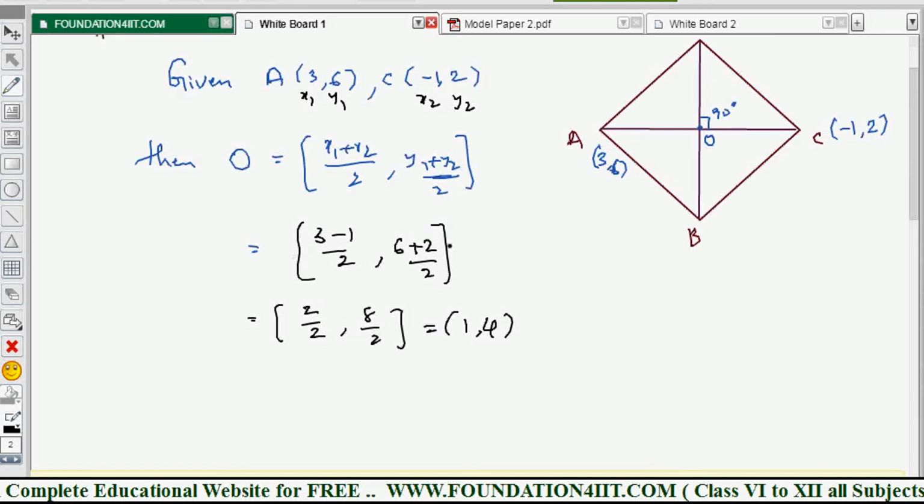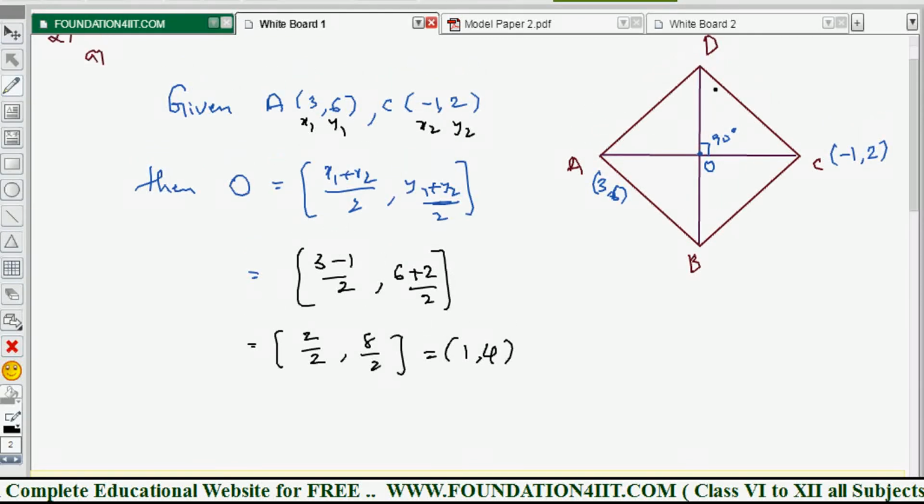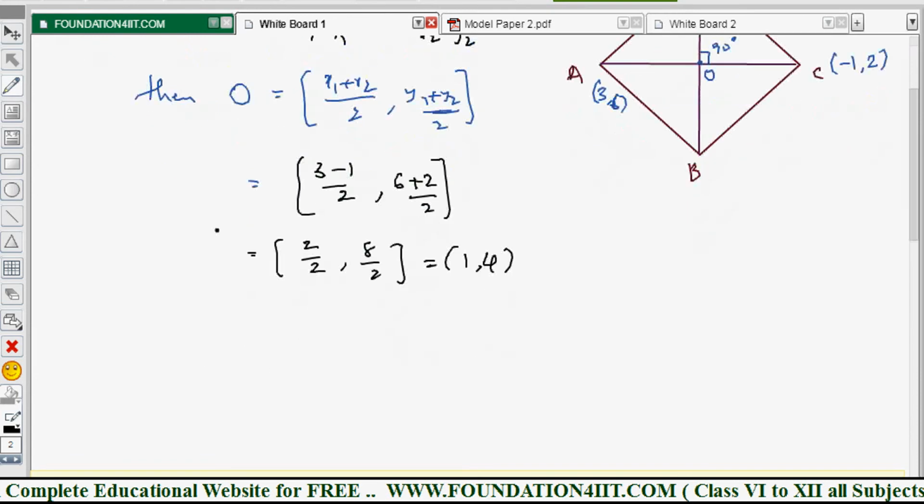Then the slope of AC. Let us find the slope of AC, because AC and BD are perpendicular to each other. So you find the slope of AC, then you can find the slope of BD. So slope of AC, that formula is y2 minus y1 by x2 minus x1. Same points, right?